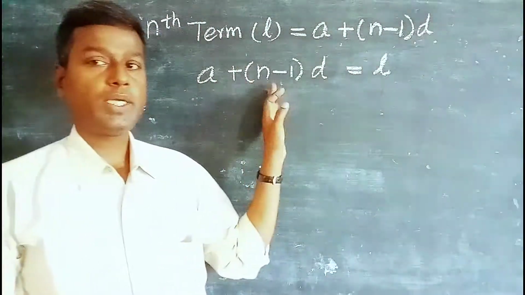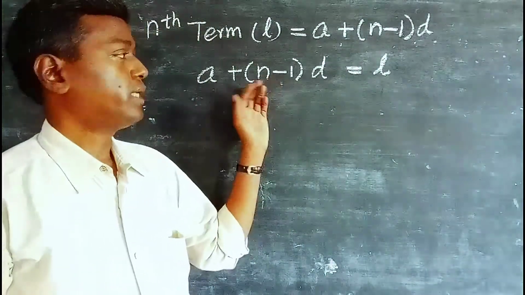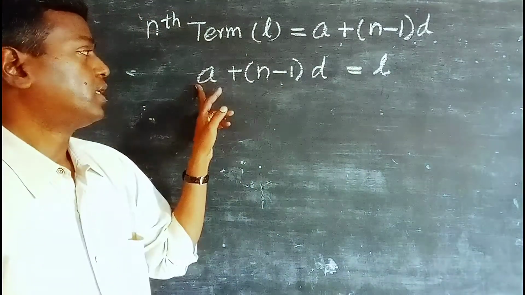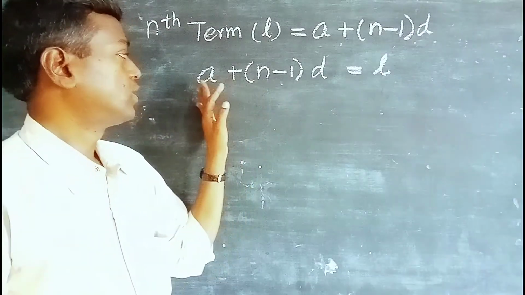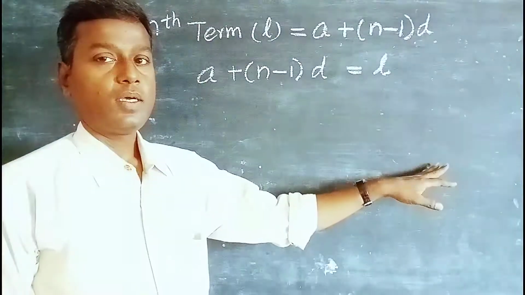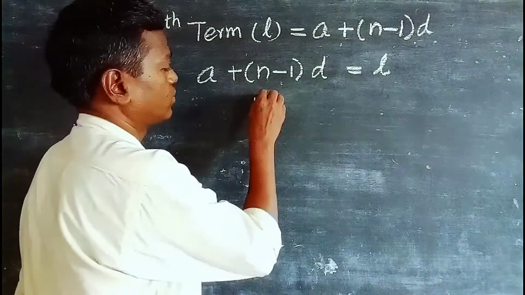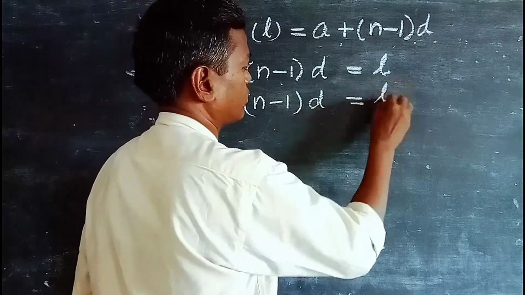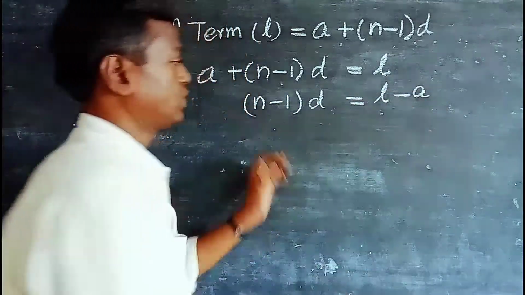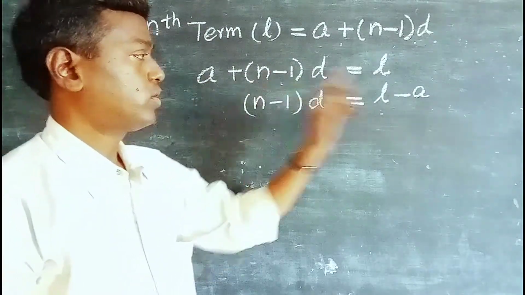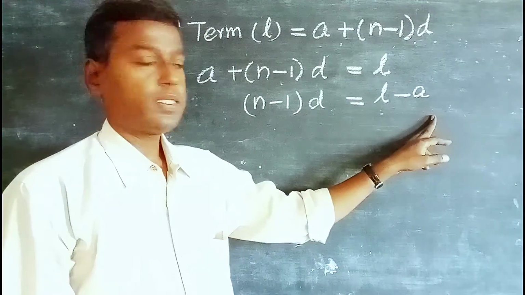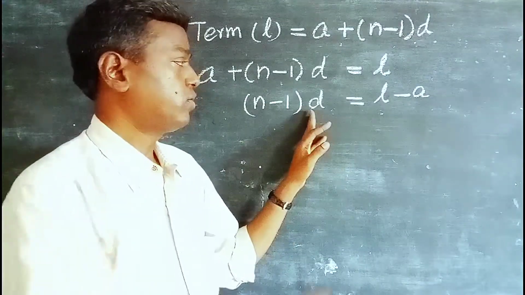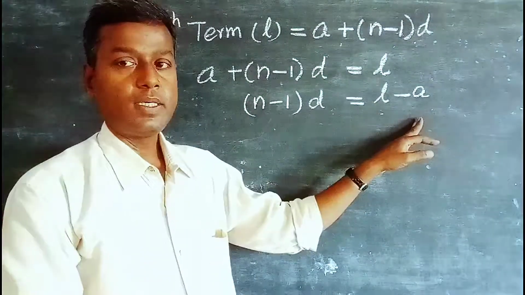A plus n minus 1 D on the LHS, and the RHS will be L only. Here we need only n, so take the A value to the RHS; plus A becomes minus A, giving L minus A. Here D is in multiplication, so it goes to the right side and becomes division.